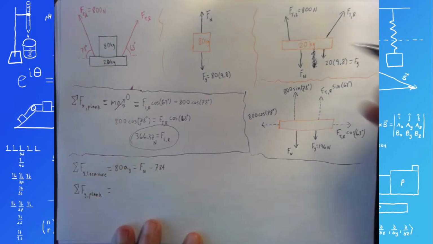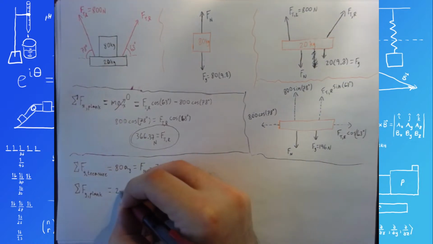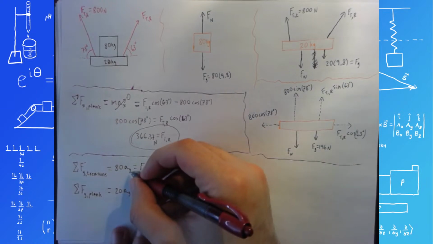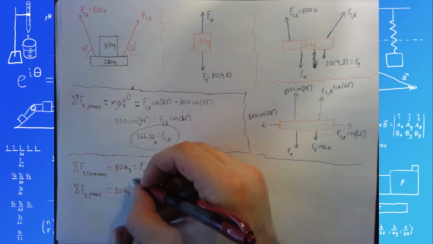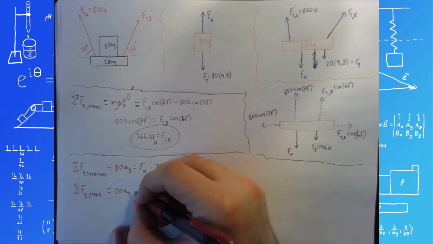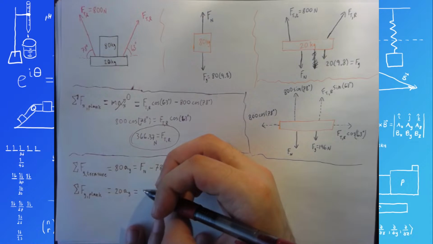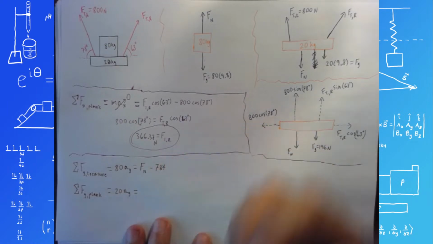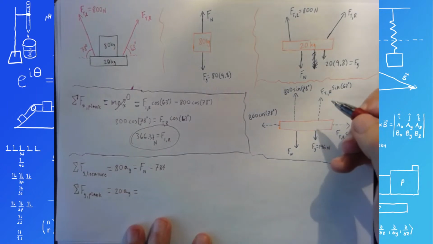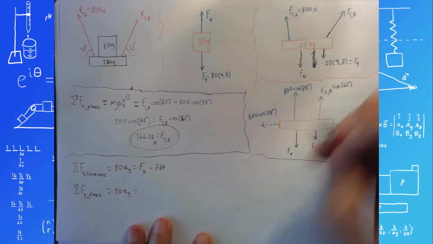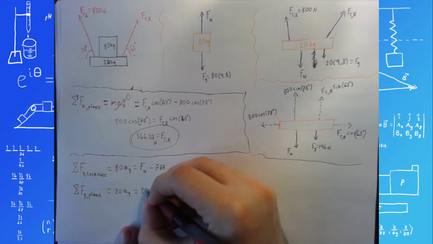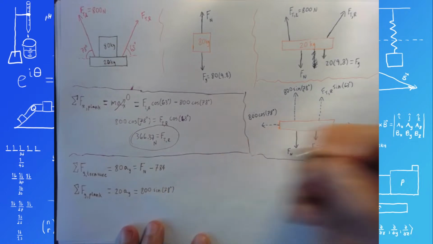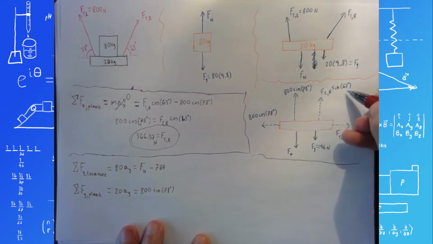If I do that, the plank is 20 kilograms, so 20 kilograms times the acceleration is the same ay. If they were different, then I would have called them ay plank and ay treasure. And that's going to be equal to forces up on the plank minus forces down on the plank. So forces up on the plank are 800 sine of 78, and force of tension right times sine of 63.